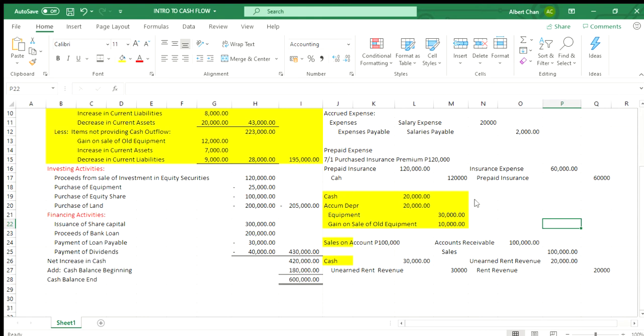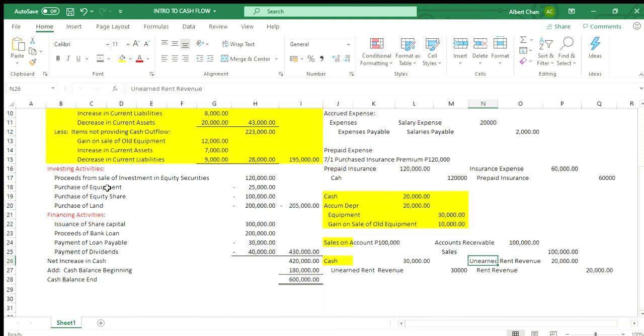So what is the treatment for that? Your rent revenue will be reported in your other income. Your income will increase, but there was no cash receipt because your debit here is not cash. It is an earned revenue, which is a decrease in liability.